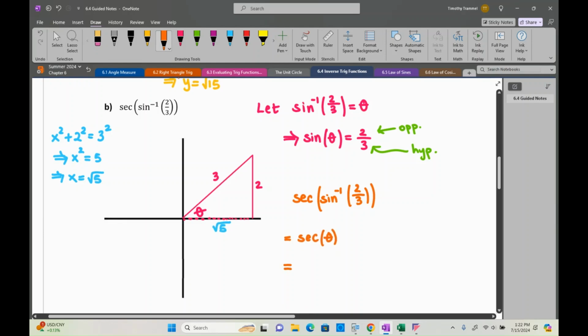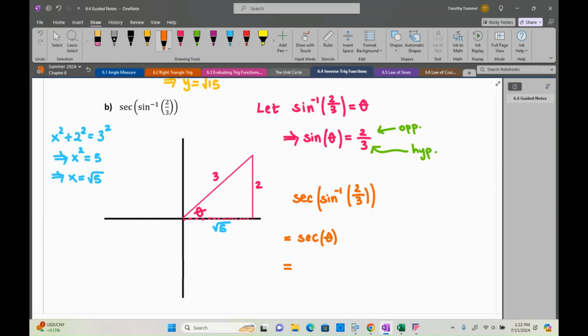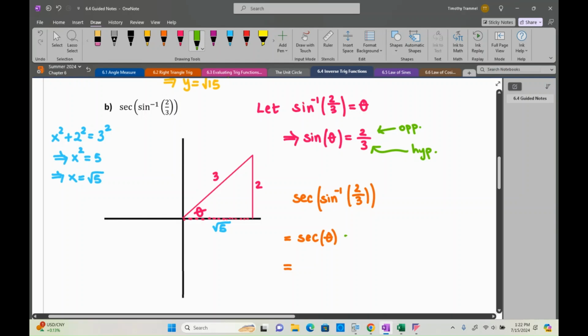And if we're trying to find secant of theta, remember secant is the reciprocal of cosine. And cosine is adjacent over hypotenuse. So this is going to be hypotenuse over adjacent.